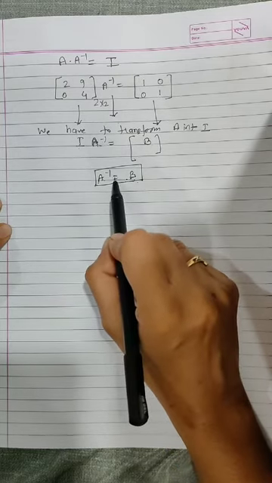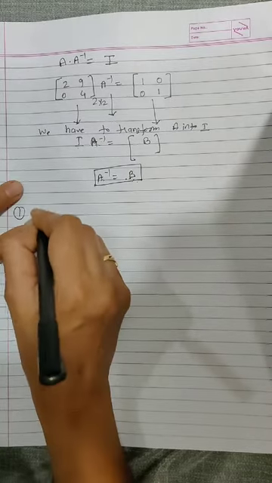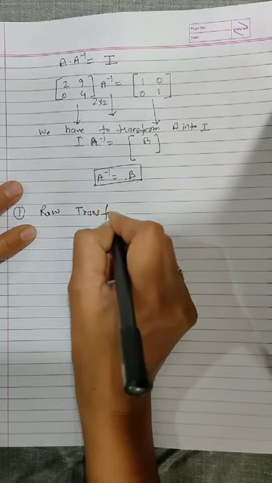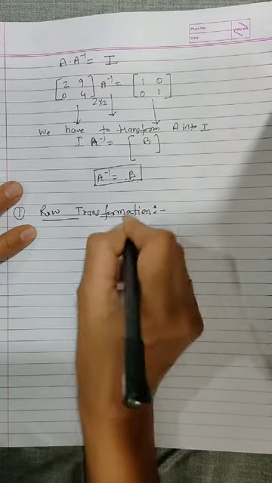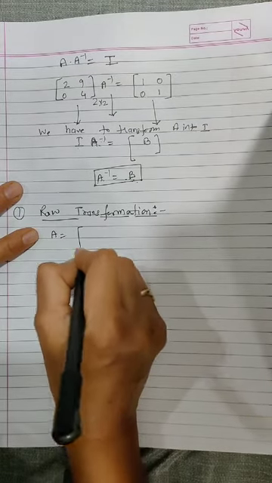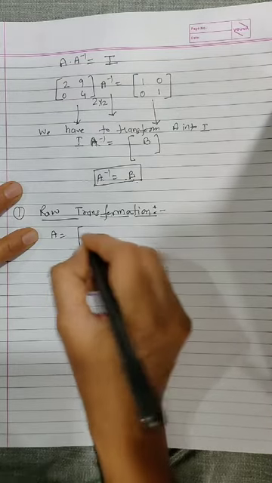We will use elementary transformation for rows as well as for columns. First I will take row transformation, okay students, and then we will take column transformation. Now I will explain the method. Suppose I take the order of 3.